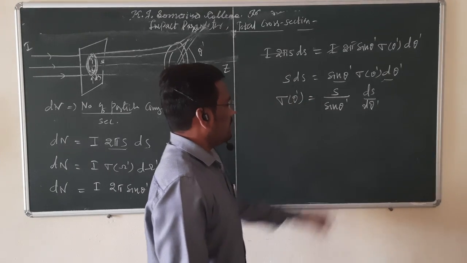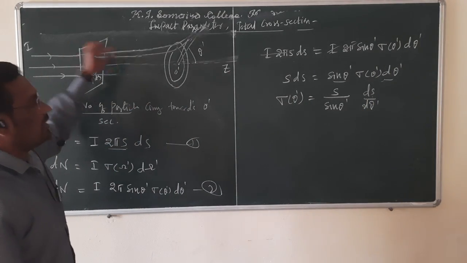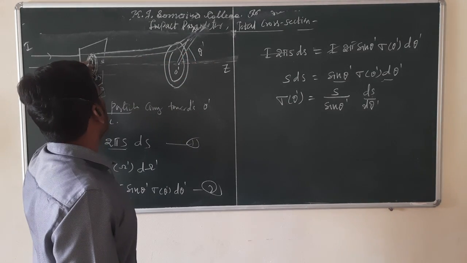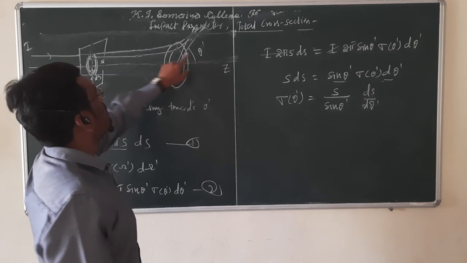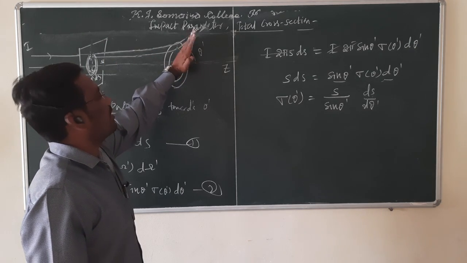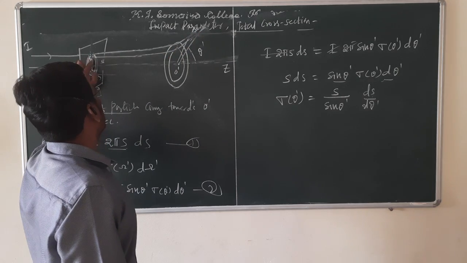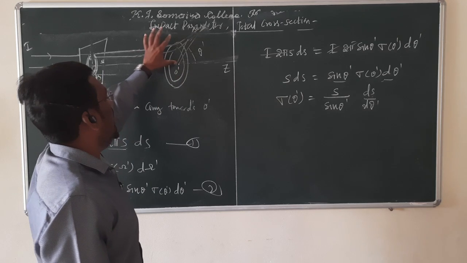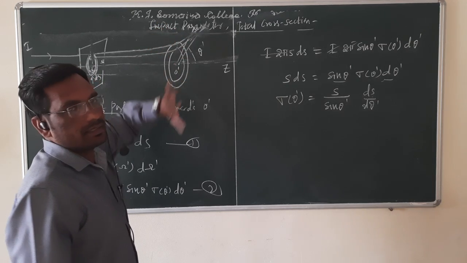Now ds is the increment in s, and d theta dash is the increment in this angle. As s goes on increasing, we are moving up and up, so this theta dash, the scattering angle, goes on decreasing. As we move away from the force center, the scattering is less.